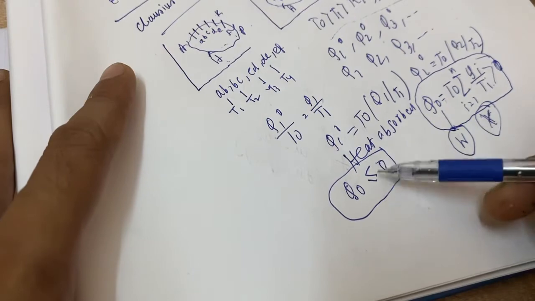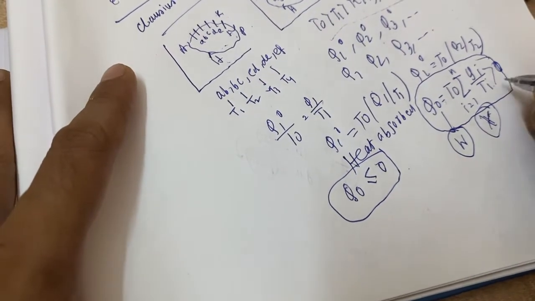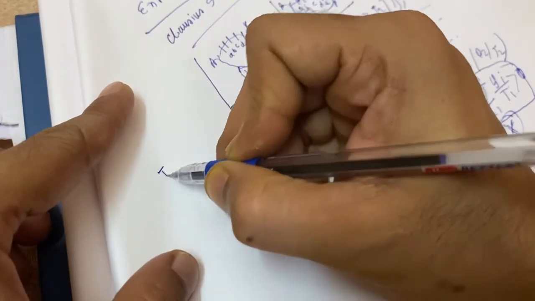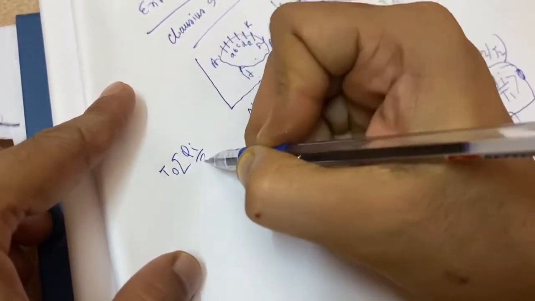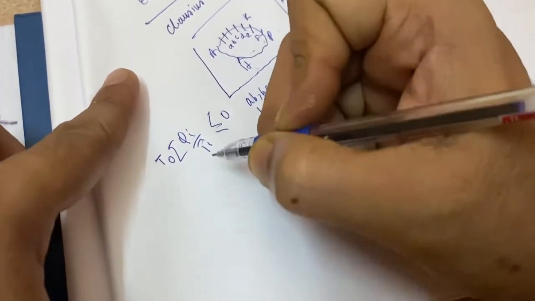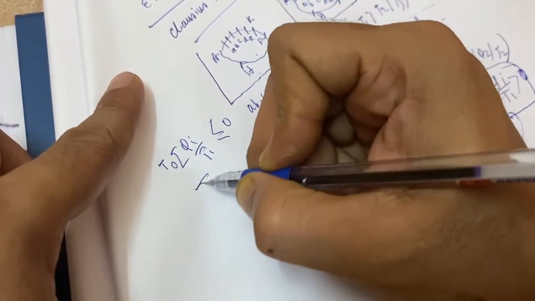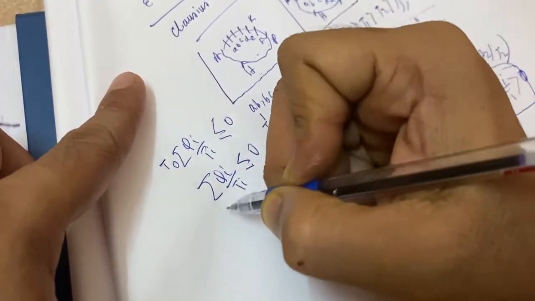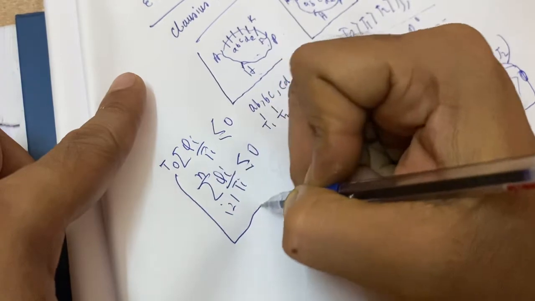So T0 times the summation of Qi by Ti must be less than or equal to 0. Therefore the summation of Qi by Ti must be less than or equal to 0, i equal to 1 to n.